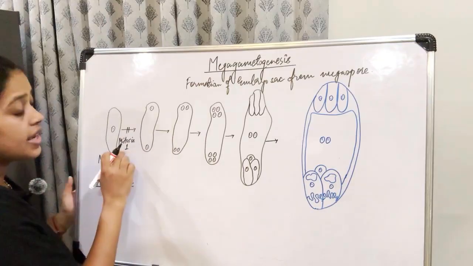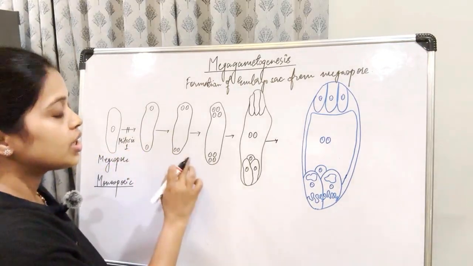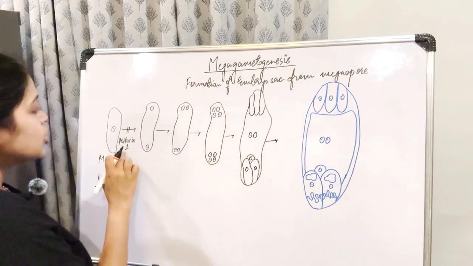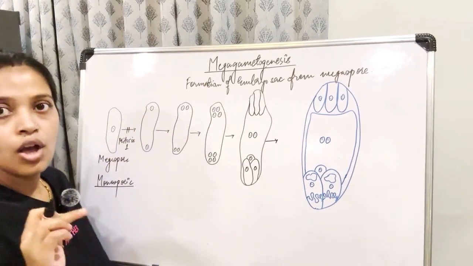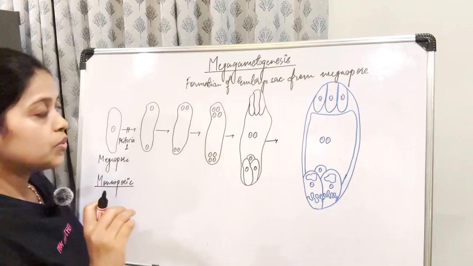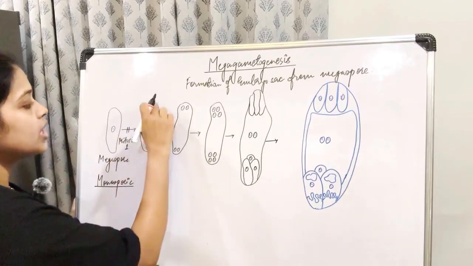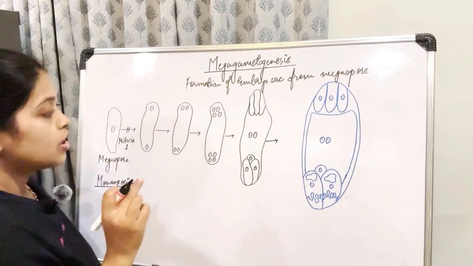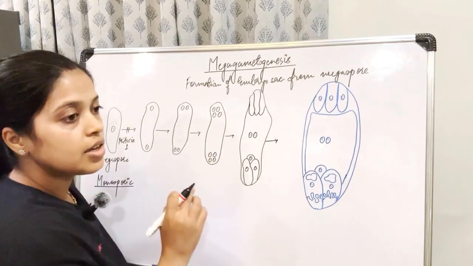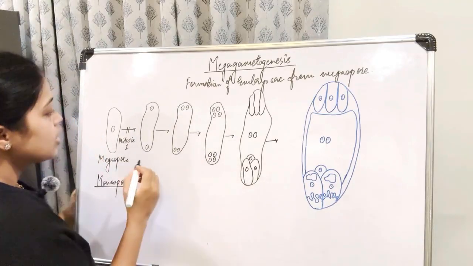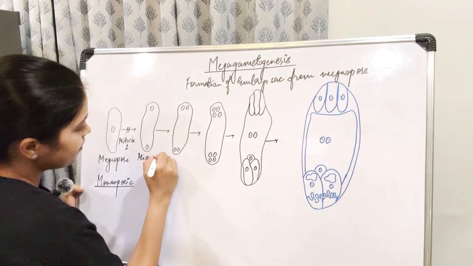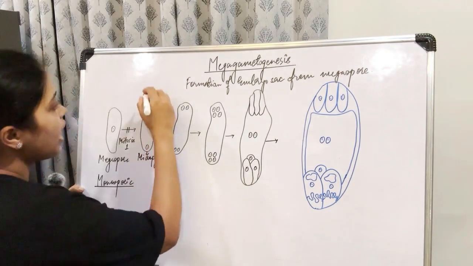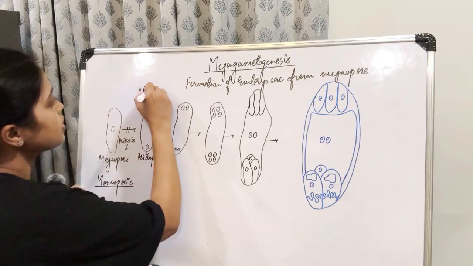Okay, I am writing it as the first, as there will be 3 rounds of mitosis. So after the first round of mitosis, 2 nuclei are formed, and both the nuclei move to opposite poles to later create a differentiation in the polarity. So one moves to the micropylar end, okay, and the other one moves to the chalazal end.